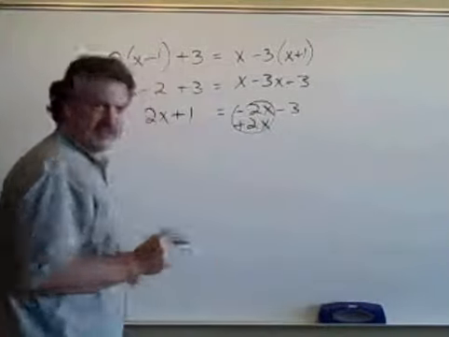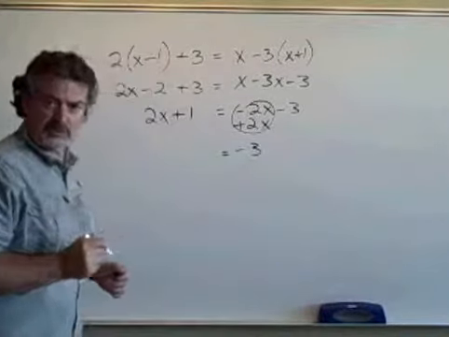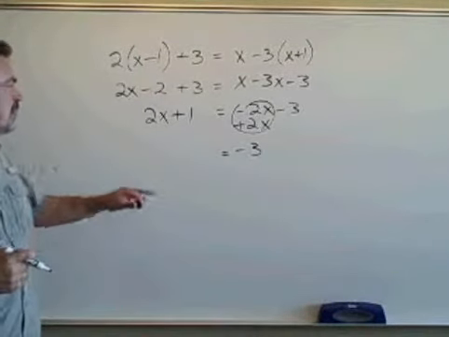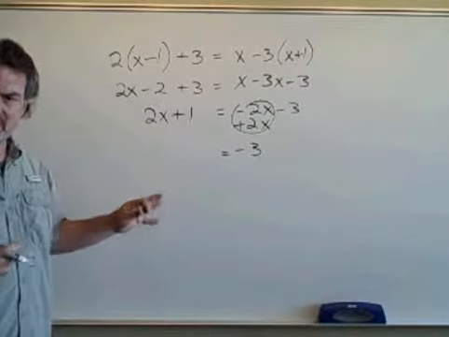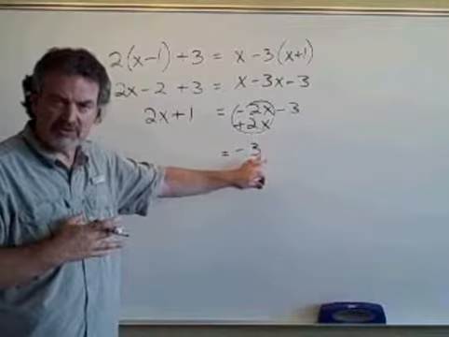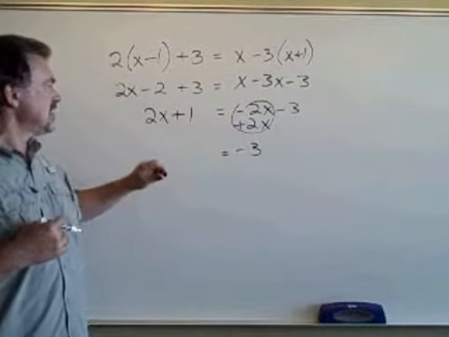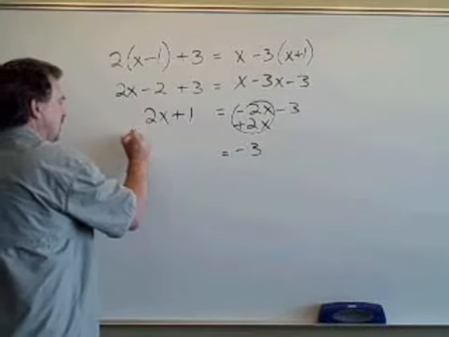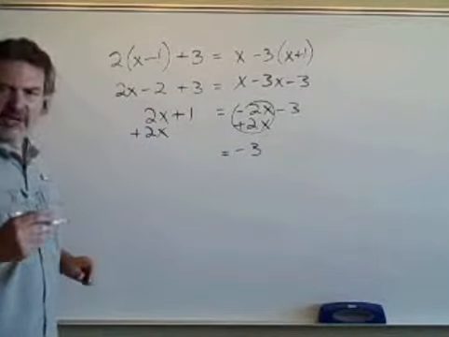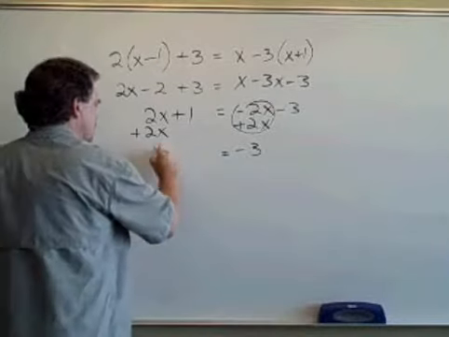That will disappear into 0, leaving us just the negative 3 term on the right-hand side. But remember, any kind of equation is a balance. If you add something to one side of the equation to accomplish some goal, making that variable term disappear in this case, you have to add the same quantity to the other side to keep your equation balanced. 2x plus 2x is 4x.